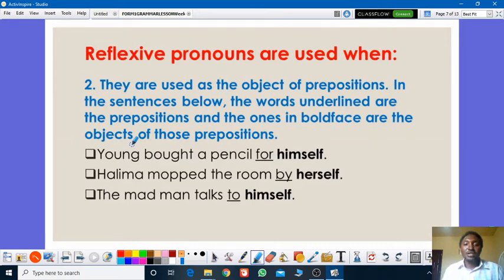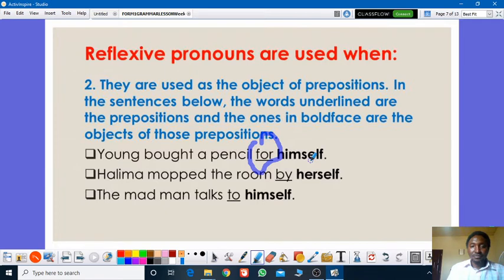Young bought a pencil for himself. You see, they are used as the object of a preposition. Here, for is the preposition, and the pronoun himself is the object.